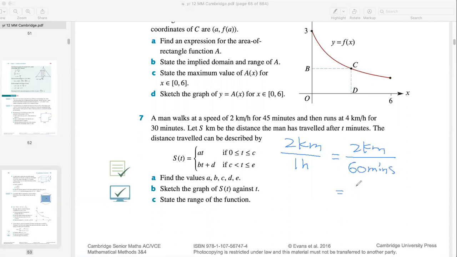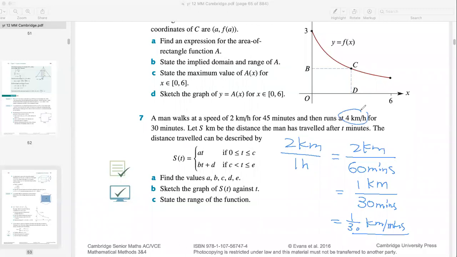So it will be 1 km divided by 30 minutes, so it's going to be 1/30 kilometers per minute. Okay. I personally feel like this way is easier to help you convert the units and you never go wrong. Okay.